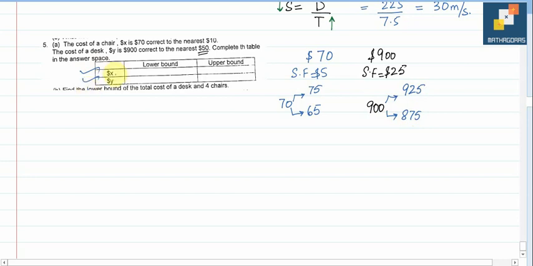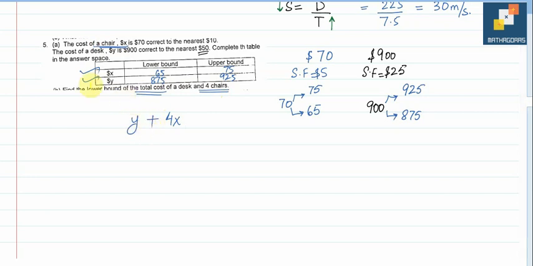So for $X, the lower bound is 65 and the upper bound is 75. For the desk, it's 875 and 925. Find the lower bound of the total cost of a desk and 4 chairs. Chair is X, so 4 chairs means 4X. The total cost of a desk is Y plus 4X, and we need to find the lower bound.